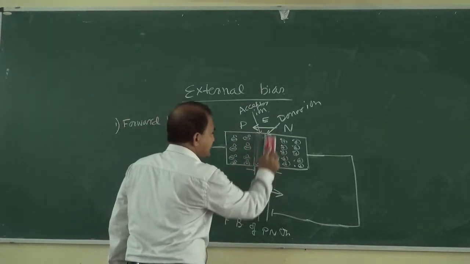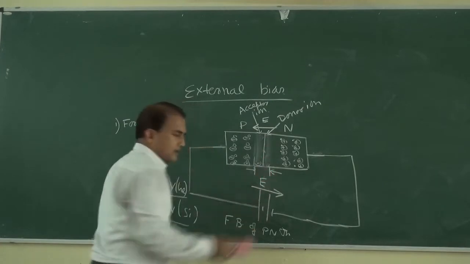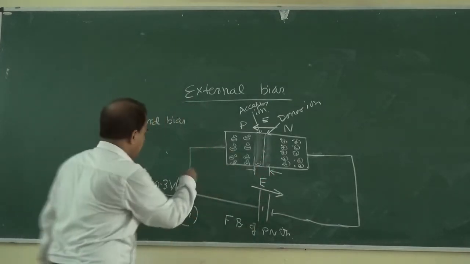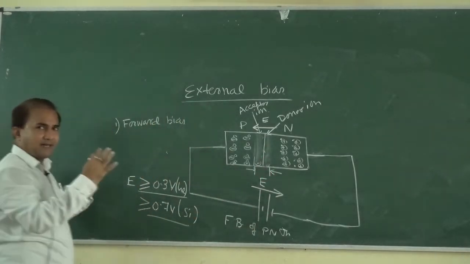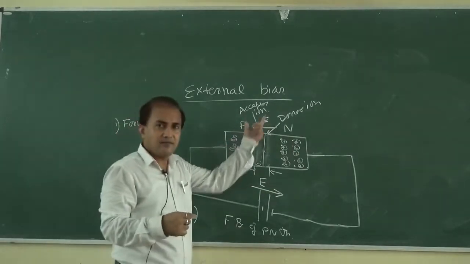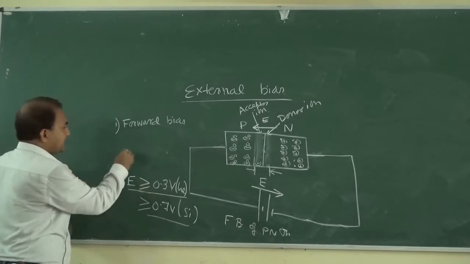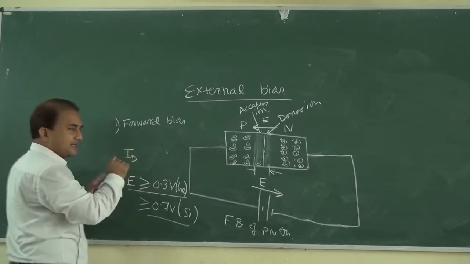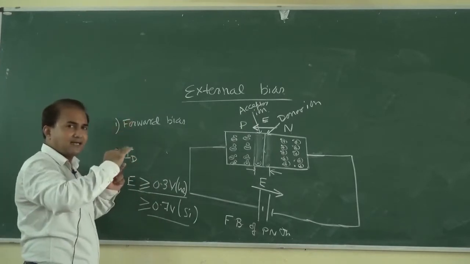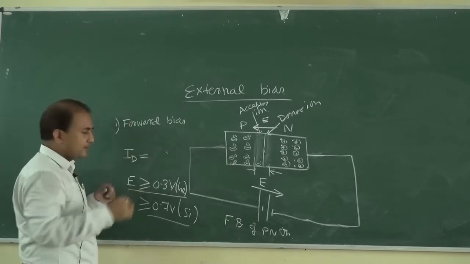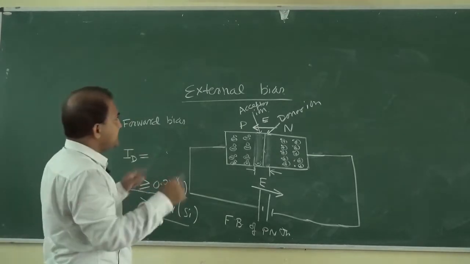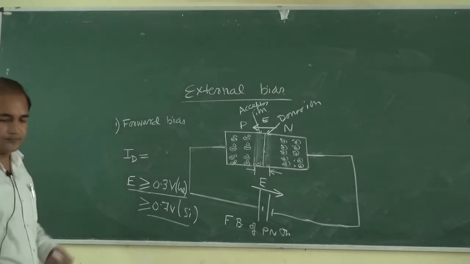So the depletion region vanishes, and conduction can take place once the depletion region vanishes. We can see that after this voltage the current starts rising. So this is about forward bias.